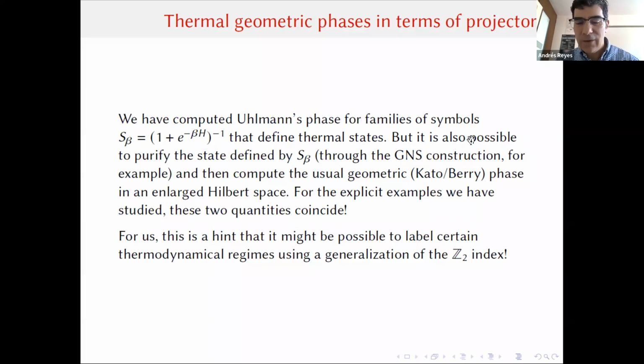Now, what we have found, which is quite interesting for me, is that if you purify the state, maybe using the GNS construction, for instance, then there is a way, and older works by Araki and other people showed how to express the purification corresponding to this symbol in terms of basis projection.